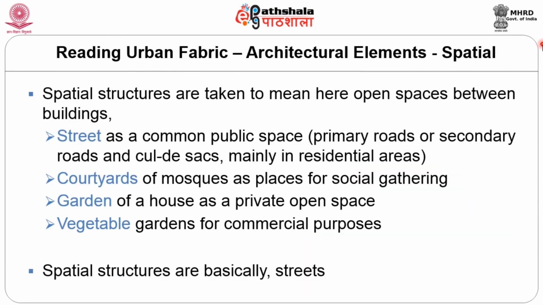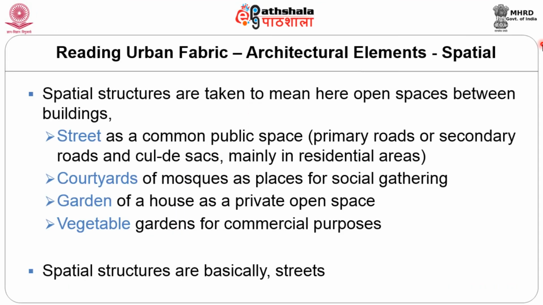So the spatial structures reveal more in the streets, the courtyards, the gardens and the vegetable areas around the city. When you say an architectural element is trying to reveal something about the urban fabric, you have to look in terms of its spatial characteristics also, apart from the built characteristics.